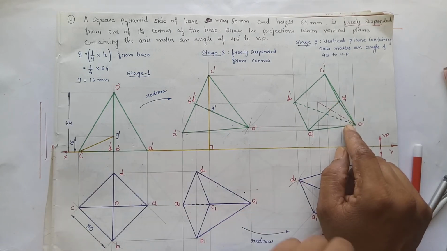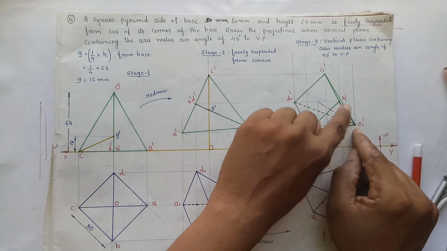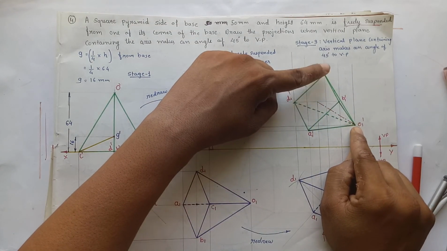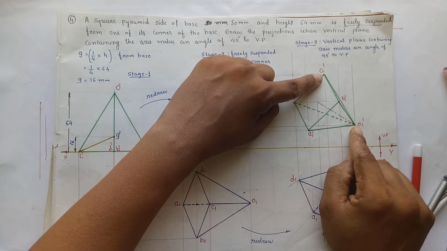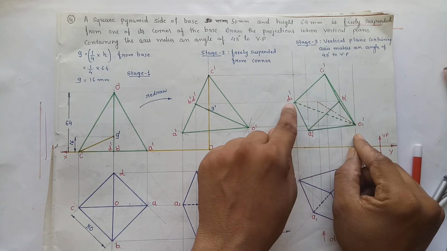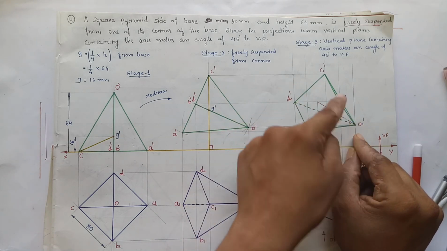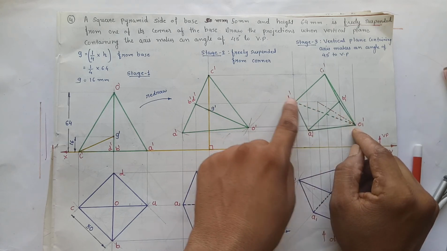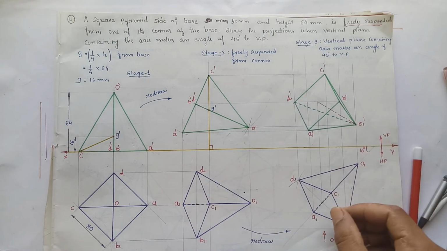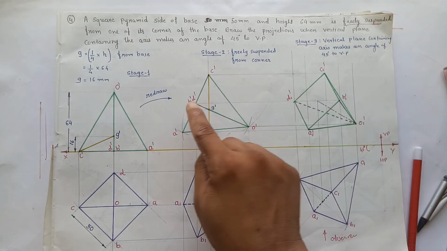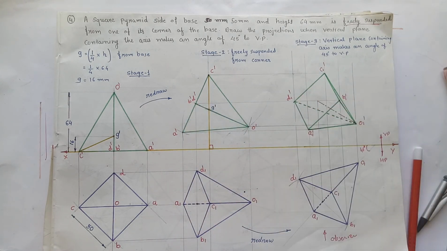O1 dash C1 dash, we don't have any intersection, so it is also going to be visible. Now if we join O1 dash to D1 dash, this line will intersect the visible outline of A1 dash B1 dash, so it is going to be hidden. Project the point of the axis over here and draw the axis.